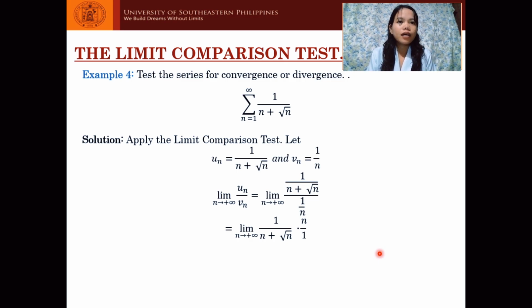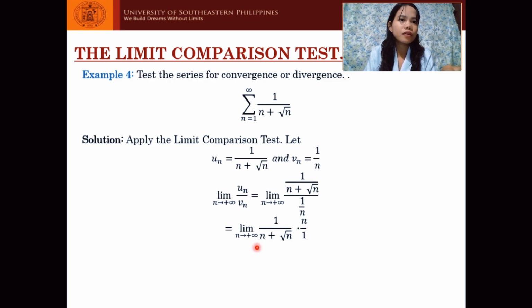So the limit as n approaches positive infinity of 1 over n plus the square root of n, multiplied by n over 1. So we have now the limit of n over n plus square root of n.